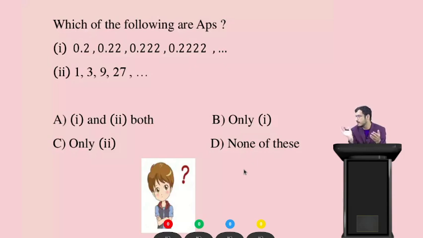The options are first and second both, only first, only second, and none of these. I am giving you 39 seconds for this question. Let's now check the pattern. The condition of an AP, you remember always.